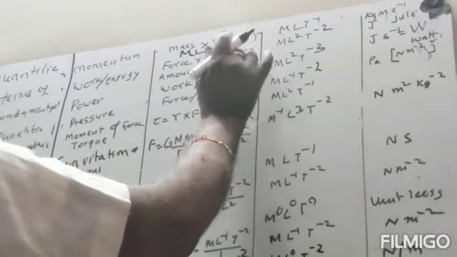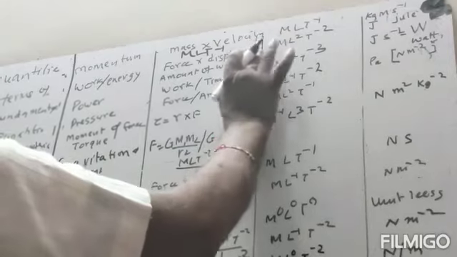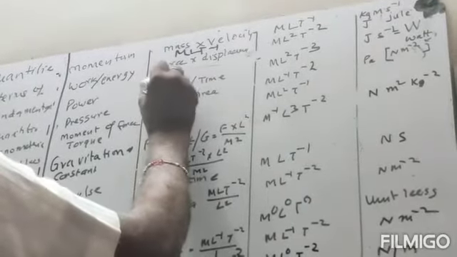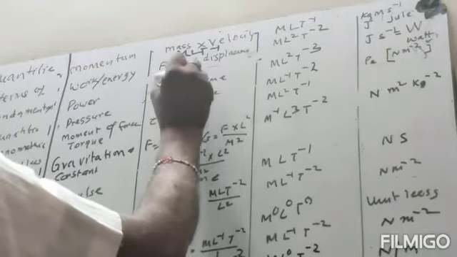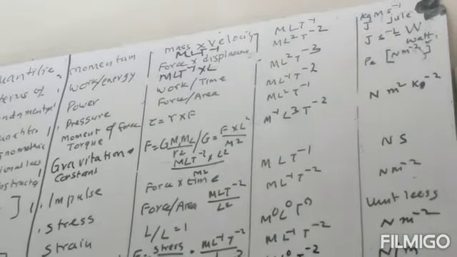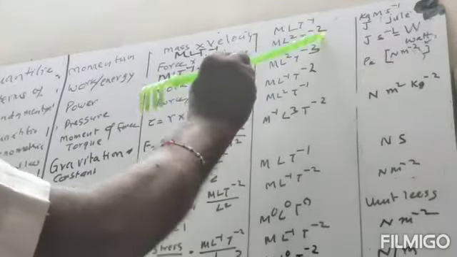So here we can write this is force, MLT^-2, multiplied by the distance L. So it will be equal to ML^2T^-2. So this will be minus 2, not 1.